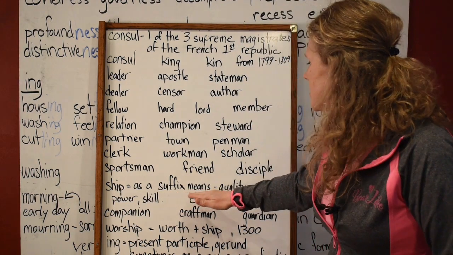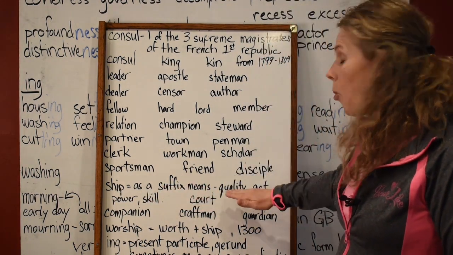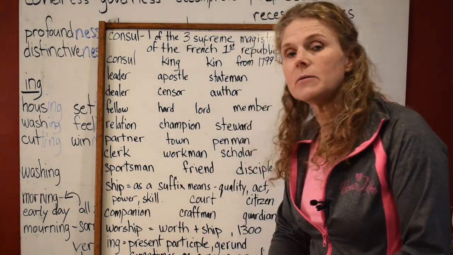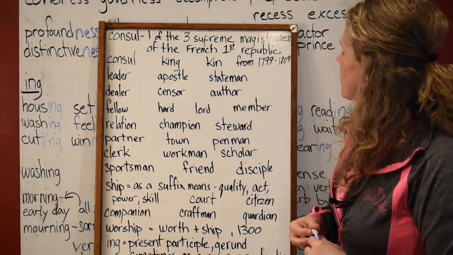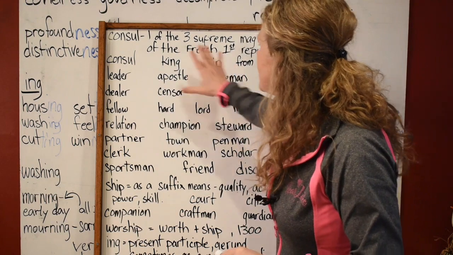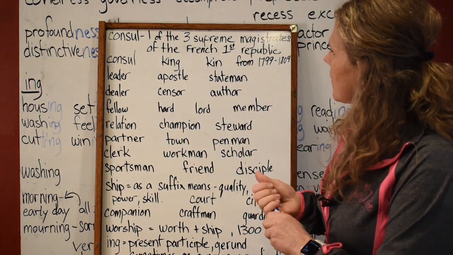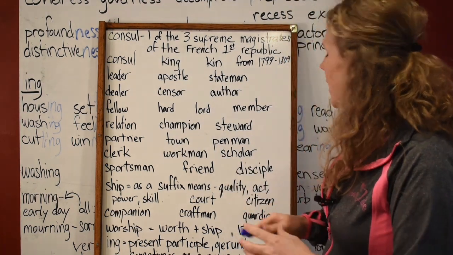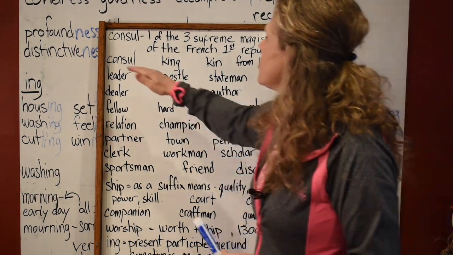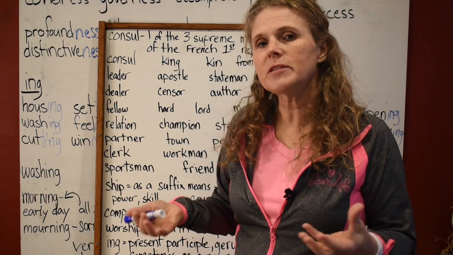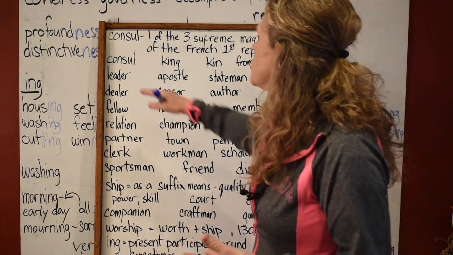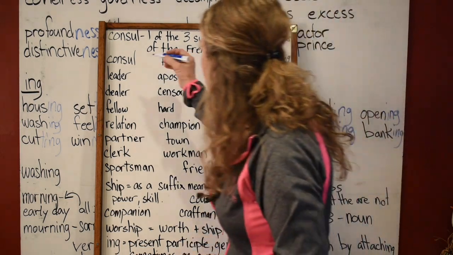As a suffix, it means quality, an act, a power, a skill. So now we have these nouns, or some of them might not be nouns, but most of these ones are nouns, all right? And when you put ship on, oftentimes it changes it into an abstract noun. So consulship.